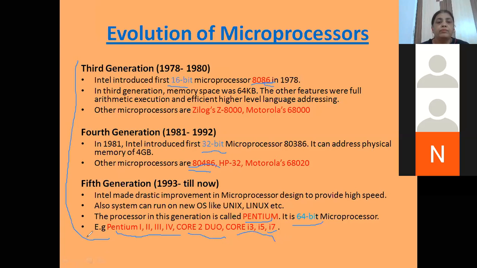Every time this question comes, it seems like a useless question, but this question is very, very important: write all generations of microprocessor by giving one example each. In such questions you will give examples of Intel. You need not write for Motorola, Zilog, HP.